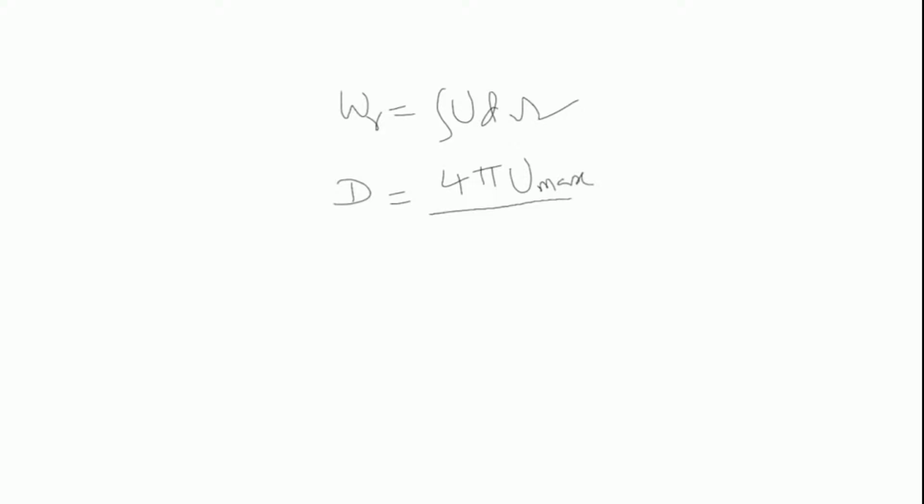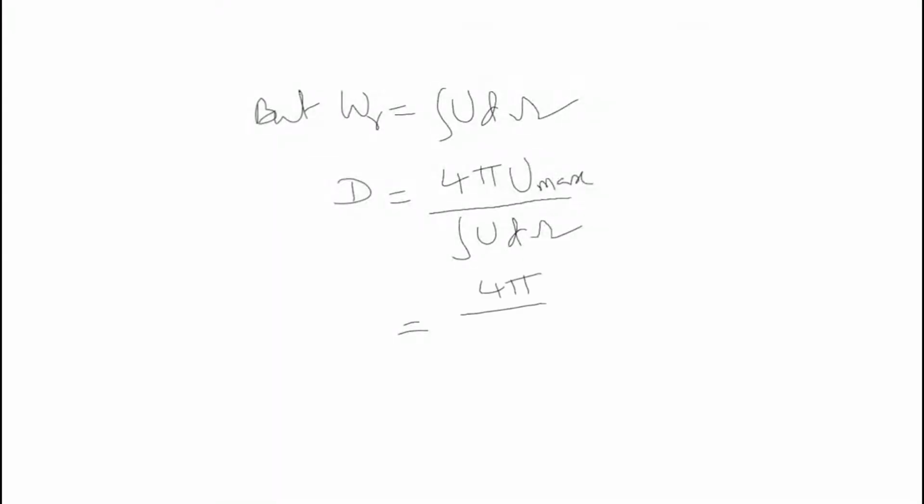And here I am substituting WR, which is equal to integral U d omega. Then it can be written as 4 pi, and as U max is a constant, it can be written outside of the integration or inside the integration. Then there is no change.